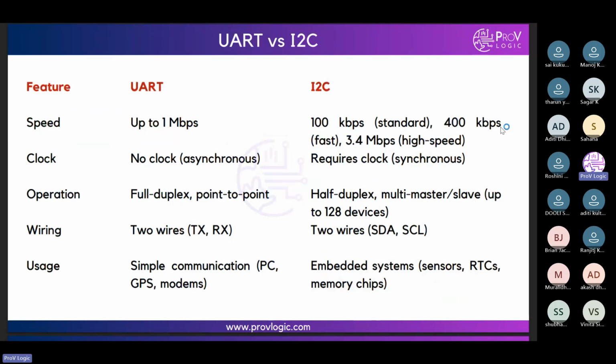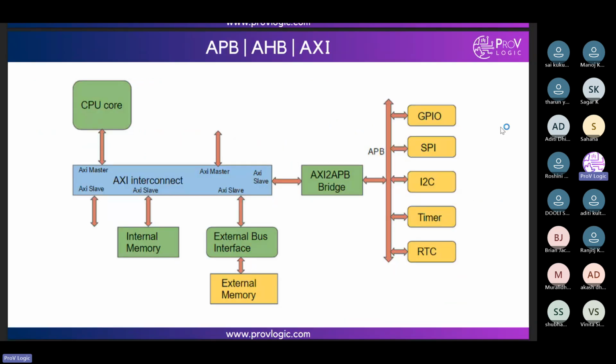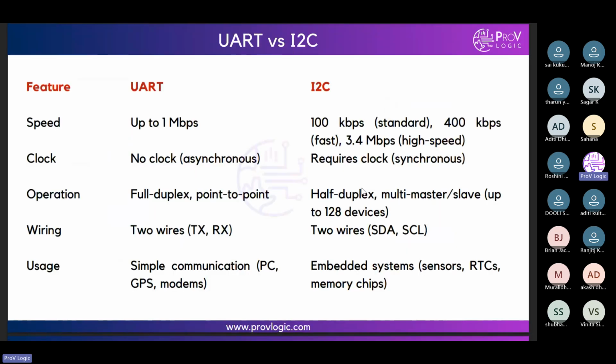And here is the classification difference between UART, I2C and APB, AHB, AXI. I think you already got clarity on where we use APB and where we use AXI, and how high speed data will be converted into low speed. By tomorrow, everyone get clarity between I2C, UART, SPI, USB, PCIe, APB, AHB, AXI.